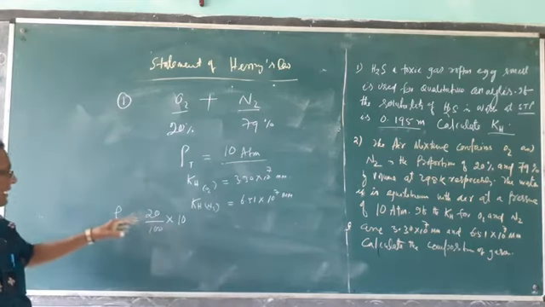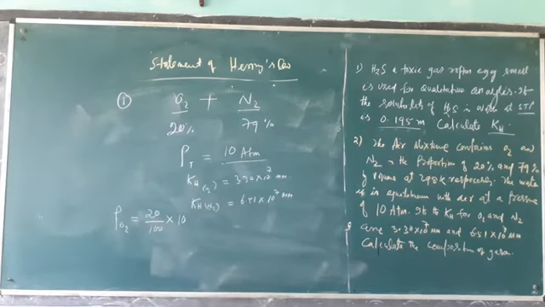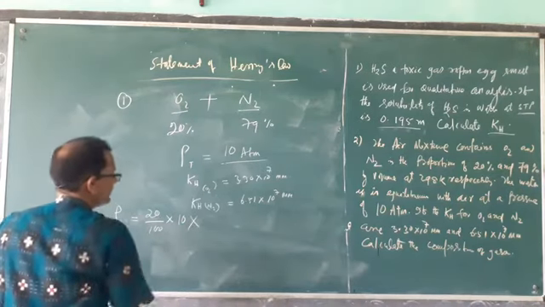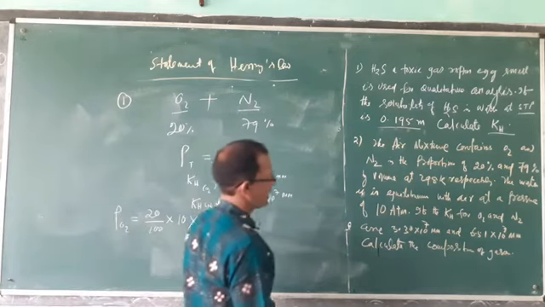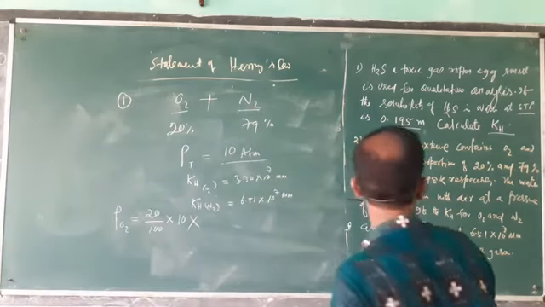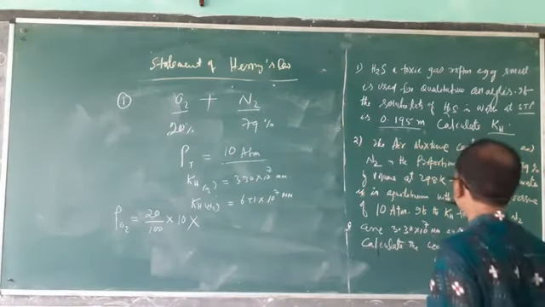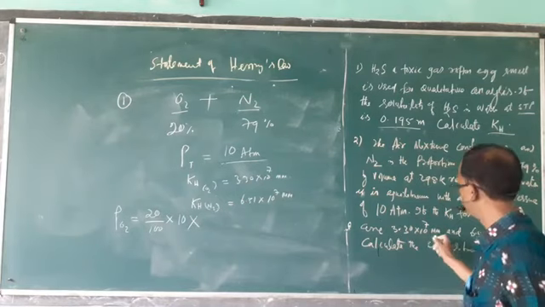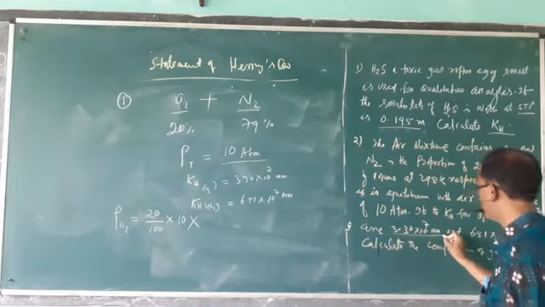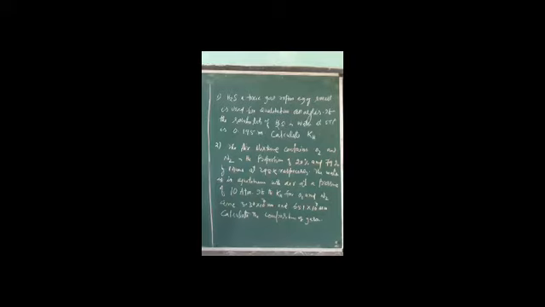Since the KH value is given in millimeter and the pressure is given in atm, you convert atm to millimeter.